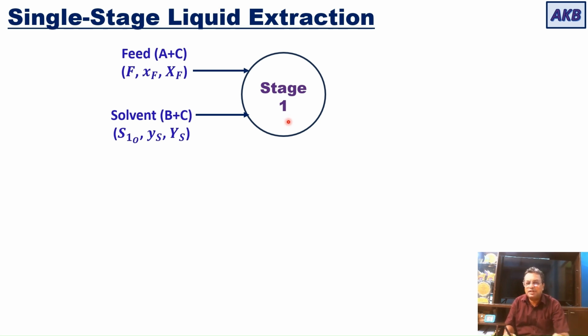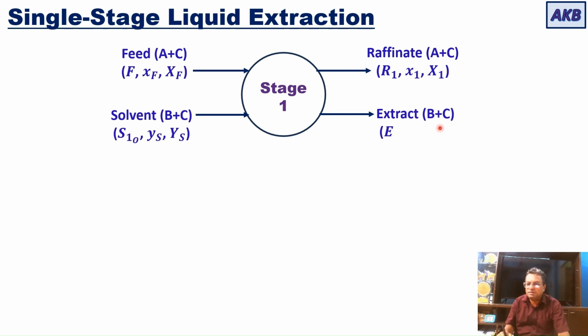The resulting mixture will be allowed to settle, and then finally the mixture will settle into raffinate and extract phases, and these two phases will be removed from the stage. So you have the raffinate phase, which will be containing A and C in it, and then you also have the extract phase, which will be containing B and C in it. I will tell you what are R1, X1 and Y1.